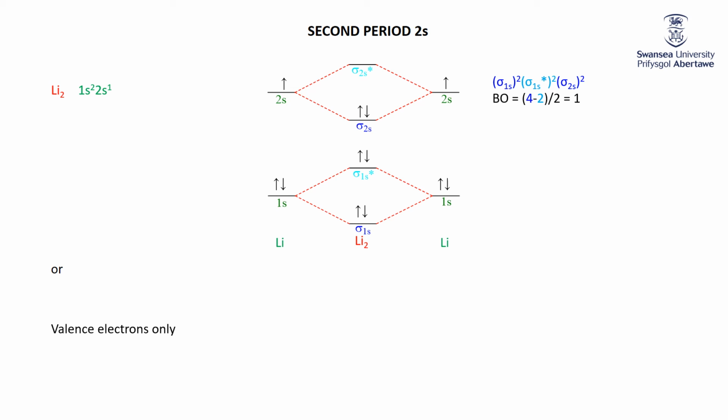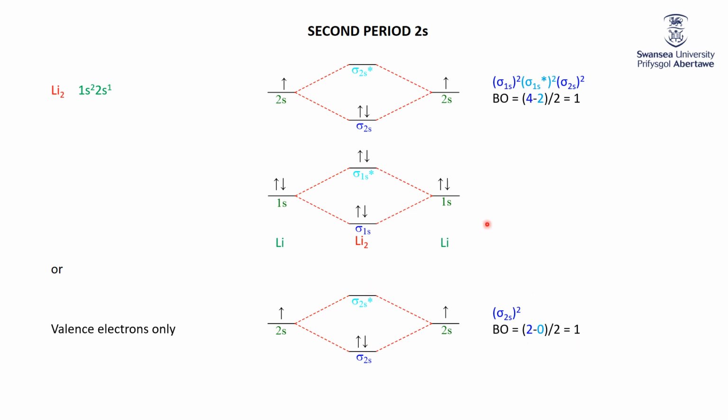So we ignore the 1s's, therefore we'd ignore the sigma 1s and the sigma 1s star, and we would just draw it with the sigma 2s and the sigma 2s star coming from the 2s's. The electron configuration, we wouldn't even mess with the sigma 1s2, sigma 1s star 2. We just start off with sigma 2s2. Does that affect our calculations? Absolutely not. Now we've got 2 bonding electrons, no anti-bonding electrons, and the bond order is still 1.